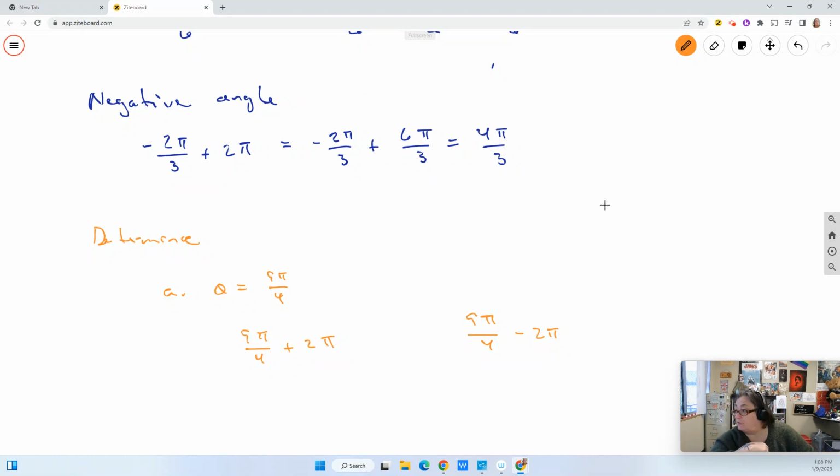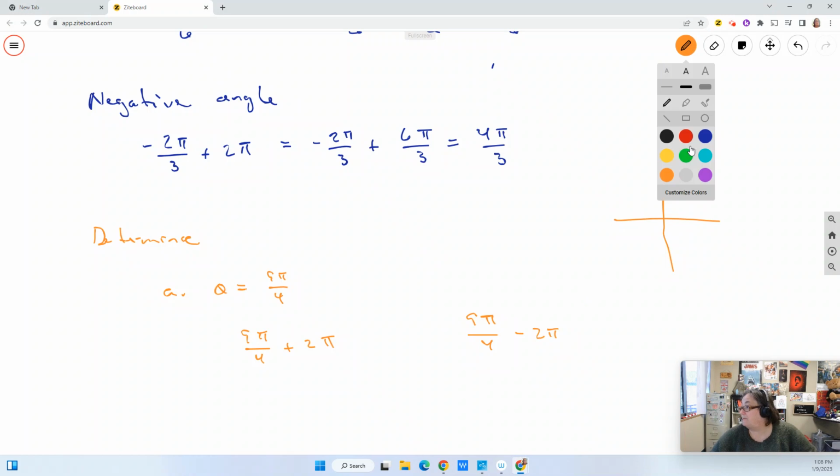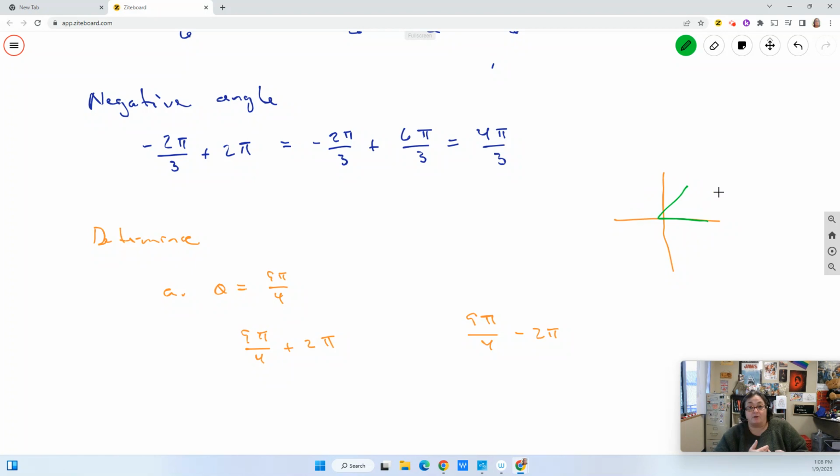But if I have a graph, and on it I have an angle, say this is my theta right here, and I add 2 pi to it, it's going to just go all the way around the circle again and end up here.